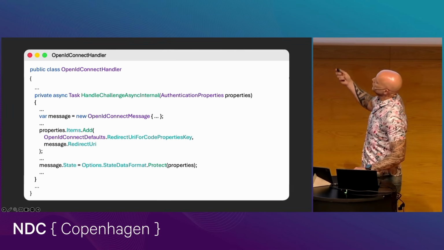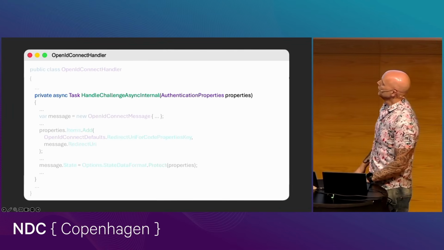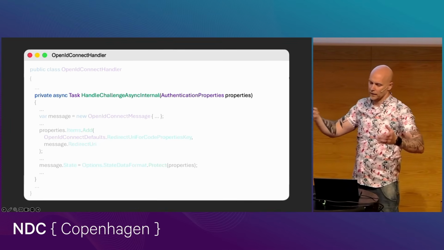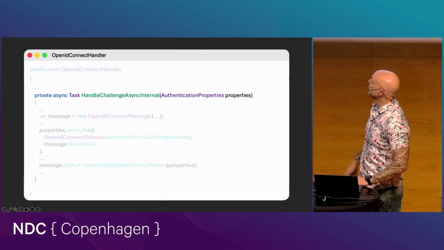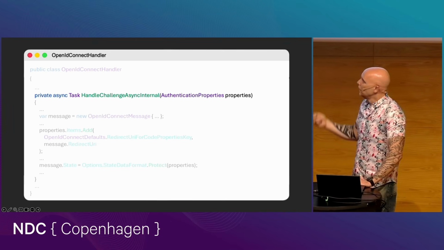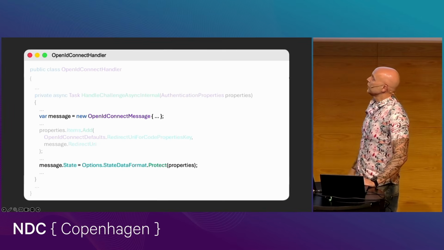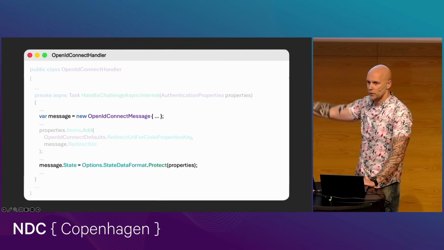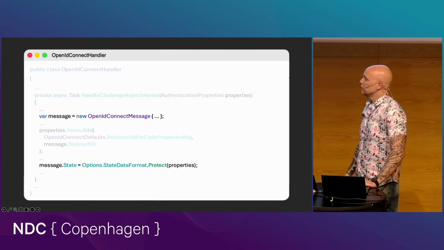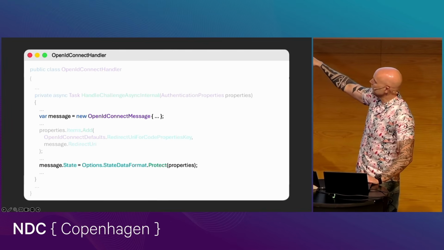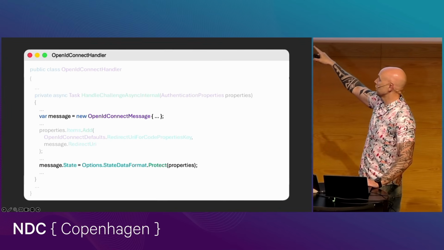So if we look at, for example, the OpenID Connect handler that I mentioned, you come into HandleChallengeAsyncInternal, which is obviously an internal private version of doing the challenge part. It goes and creates an OpenID Connect message that is going to be passed off to the OpenID Connect endpoint. It sets some properties on that, but then it sets message.State, and then it does DataFormat.Protect(properties).